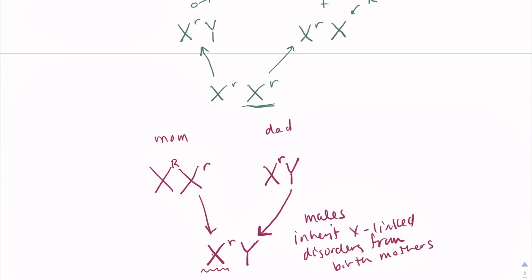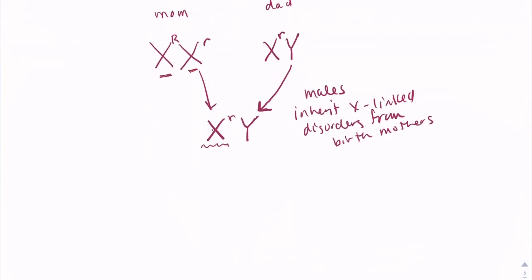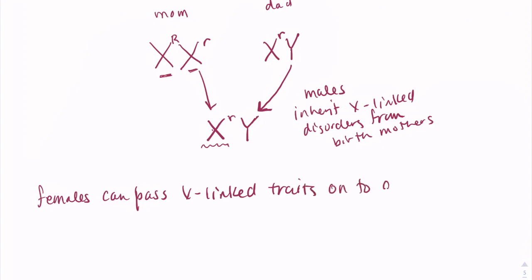Women with X-linked disorders can pass it on to daughters or sons. So let's write that down. Females can pass X-linked traits onto daughters and sons.